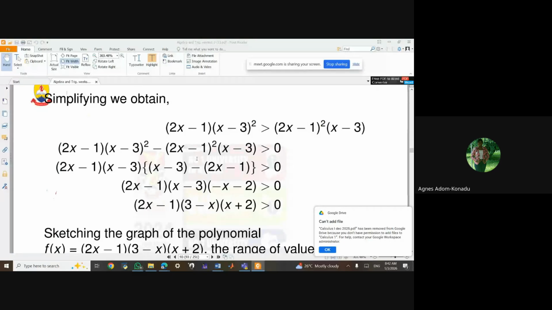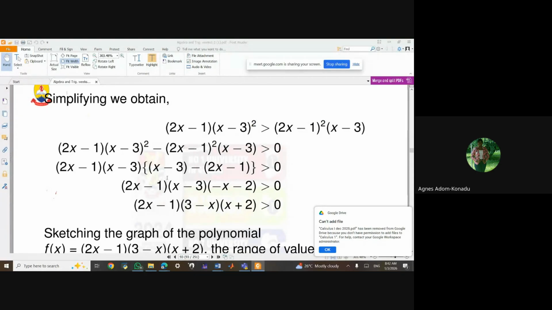Please, that's why we're taught how to simplify. Whichever way you want to simplify is fine, but this one is simpler for me. In fact, whatever you do, you're going to get something like this.